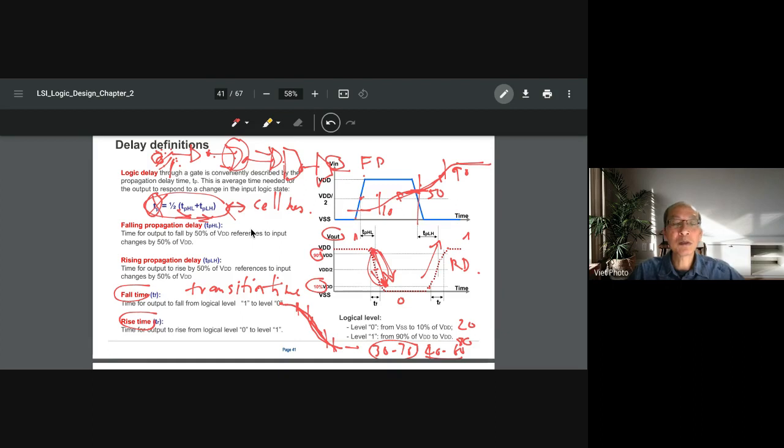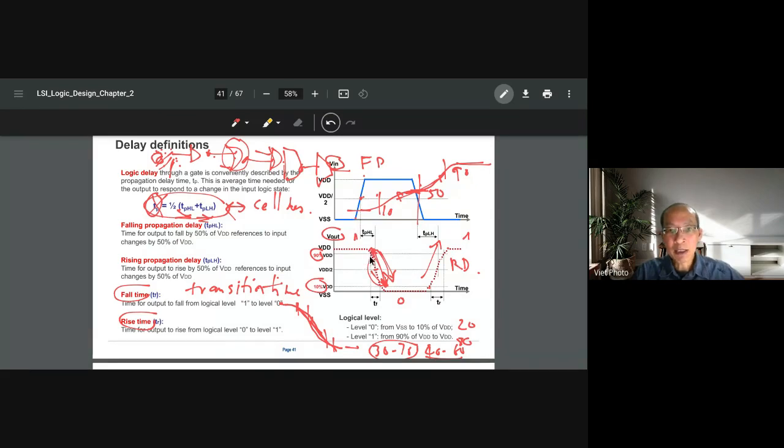Then they have the definition of the propagation delay, TP, which just takes the average of TPHL and TPLH. The reason for that is for the cell designer to evaluate if the cell is good or bad. That's why we need the balance between the P and N transistors.